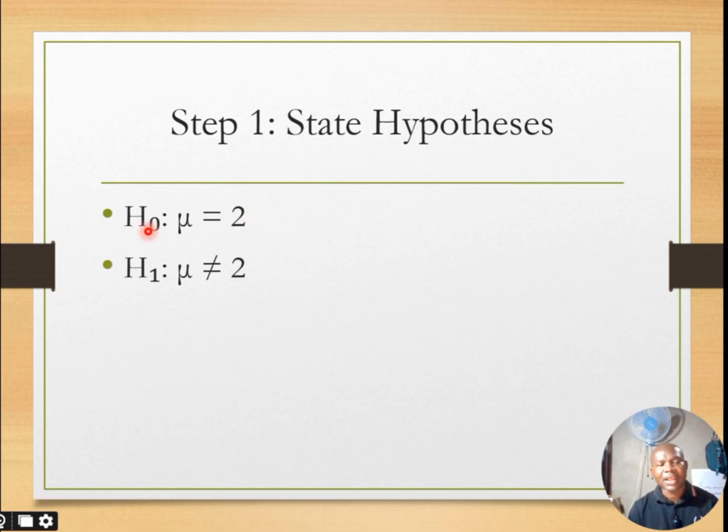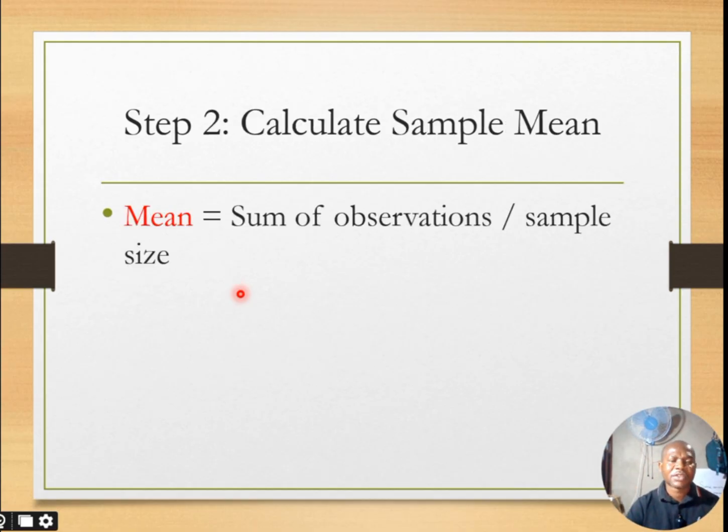So to state the null hypothesis, we say the sample mean is equal to 2. While the alternative hypothesis, if it is two-tailed, will be sample mean is not equal to 2. Recall that when we say two-tailed, it means it is bi-directional. The researcher is not specifying a direction. It's just saying that the sample mean is not equal. In other words, it could be less than, it could also be greater than. So we describe that as a two-tailed test.